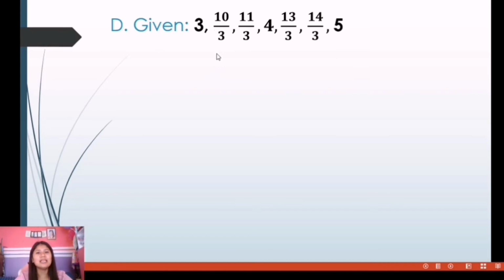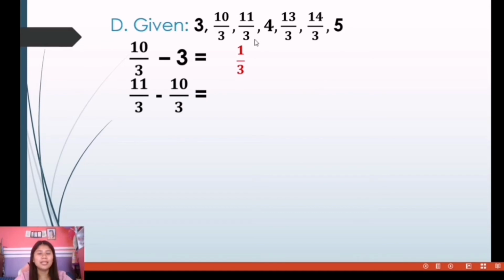Same process, 10 over 3 minus 3, that is equal to 1/3, right? This whole number 3 automatically has a denominator of 1, right? So 10 times 1, and then 3 times 3 is 9, so 10 minus 9, that is 1. So 1/3. Okay? Next problem, 11 over 3 minus 10 over 3.